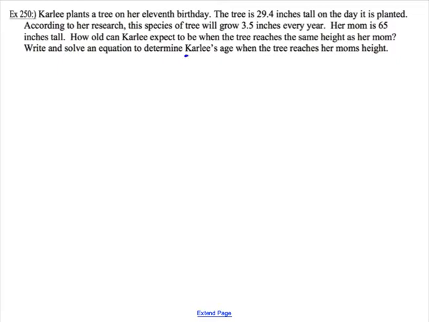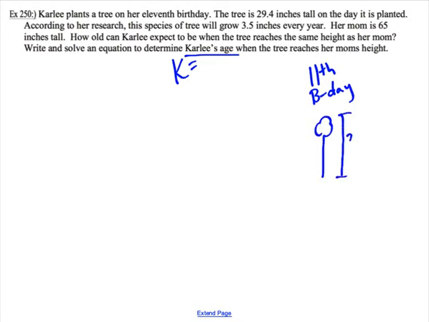Well, Carly's age is what we are trying to figure out. Let's use a K to equal Carly's age. Now, I'm going to draw a picture. We've got Carly on her 11th birthday. The tree is 29.4 inches tall.